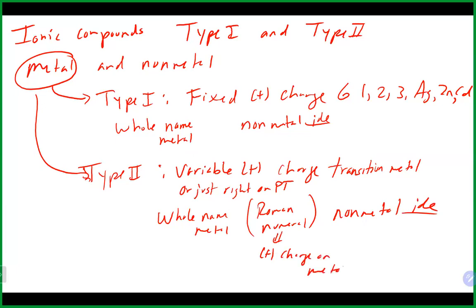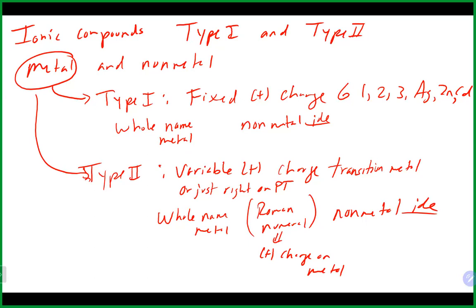Once again, it is not how many metals you have, which is a very common mistake that people make. It is what the positive charge is if you took one of those metals by itself. So in nomenclature, whenever a metal is involved, it is the one that determines how you go about naming these things.